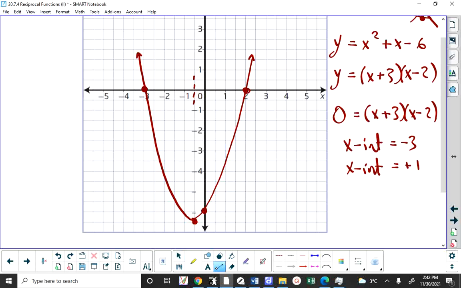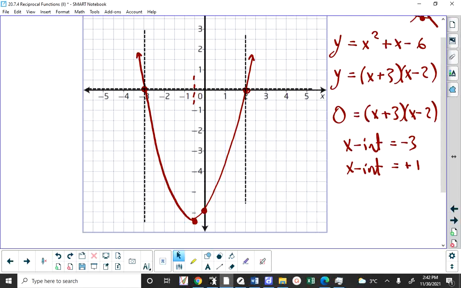I'm going to show you what the reciprocal will look like if I really don't care too much about accuracy. Okay? I guess I should go to a bigger view. Maybe what we should do first of all is find the y-intercept of the reciprocal.